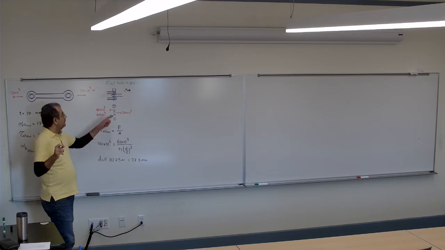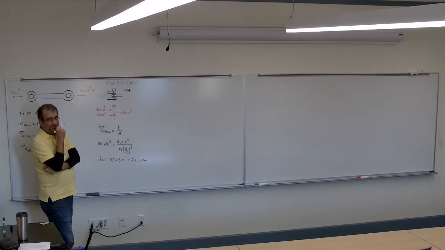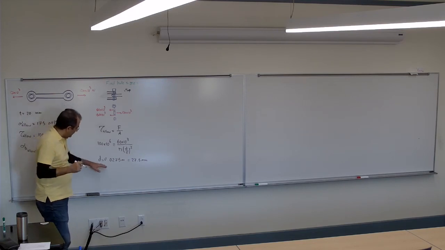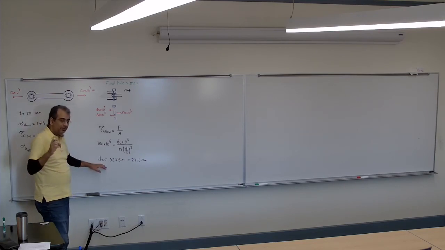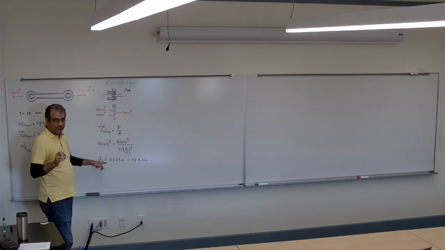Yeah, so the pin is stronger, the piece is going to be weaker. That's why we'd have to adjust everything. So this is the minimum diameter that we make sure the pin doesn't fail.